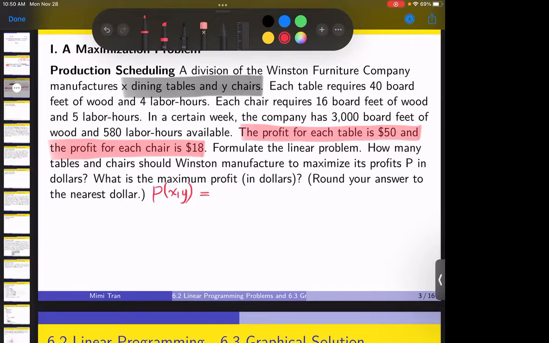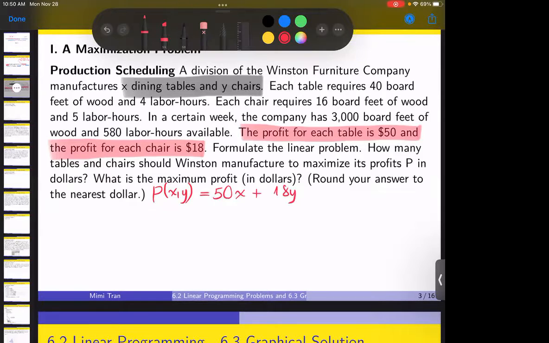Can someone give me a profit function in terms of x and y? Yeah, 50. So for every table you sell, you make a profit of $50, and for every chair you sell, you make $18.